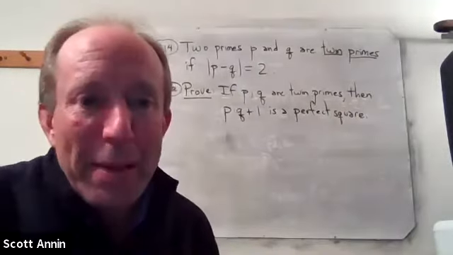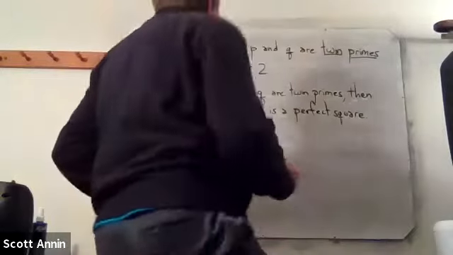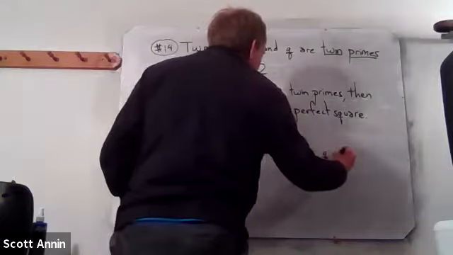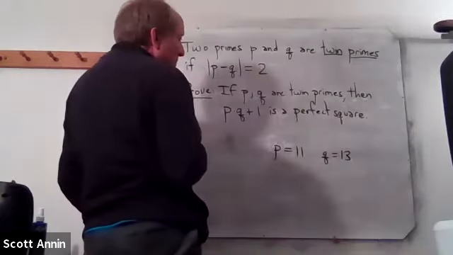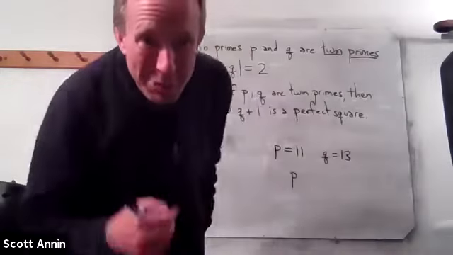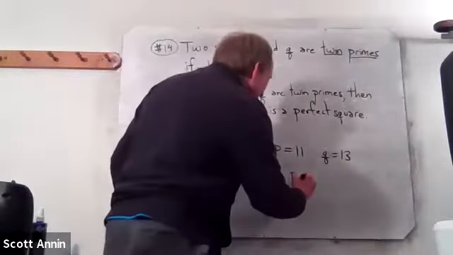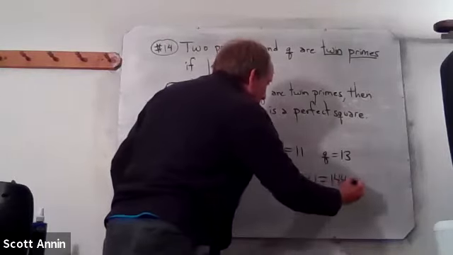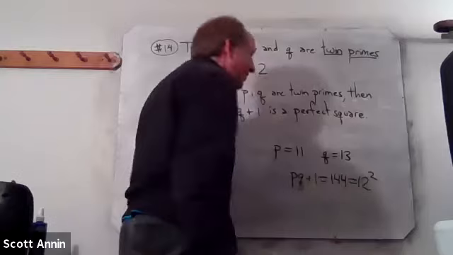A nice example: if P was 11 and Q was 13, then those are twin primes, 2 apart. If you calculate P times Q plus 1, you get 144, which happens to be 12 squared.